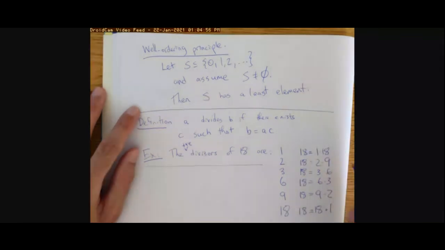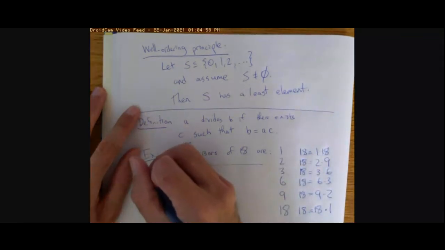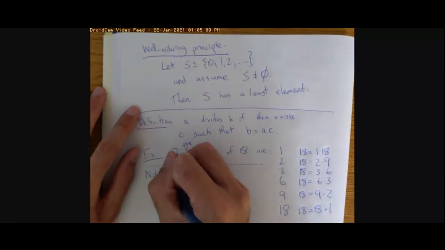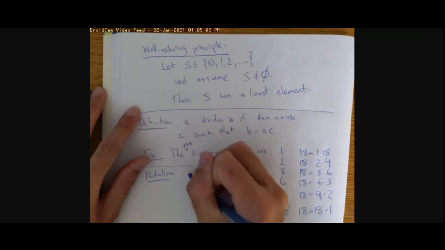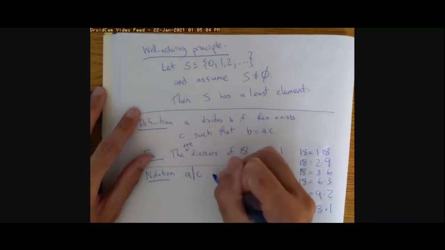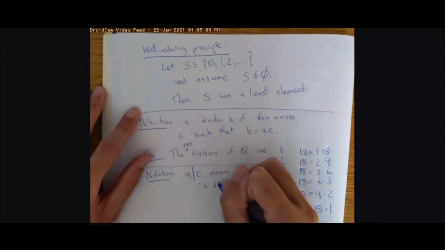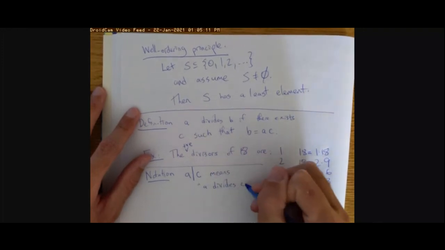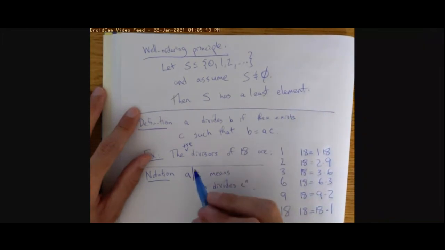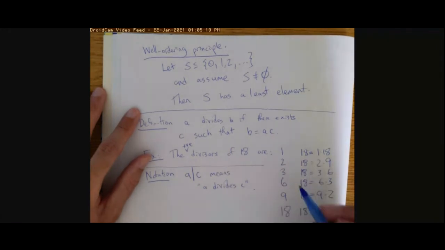Oh yeah, so first of all, our notation, A divides C means A divides C. Okay, so we use a tall vertical line to mean divides, not division.